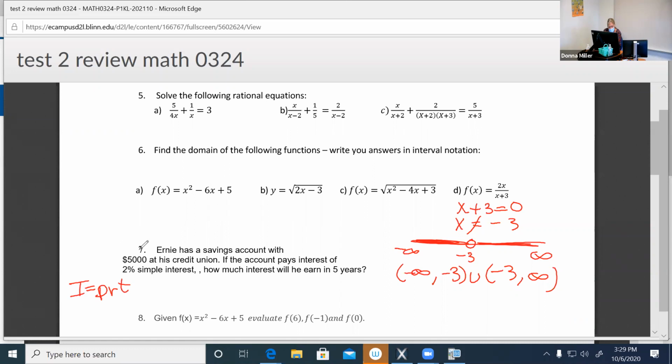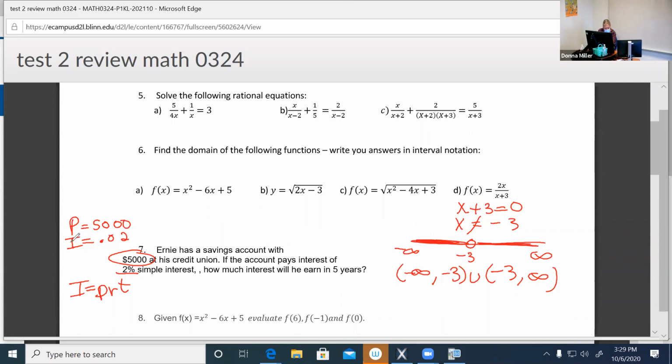So let's figure it out. So 5,000, that's your principal. Interest, well, that was 2%. When you work it with math, you write it as a decimal, so that's 0.02.